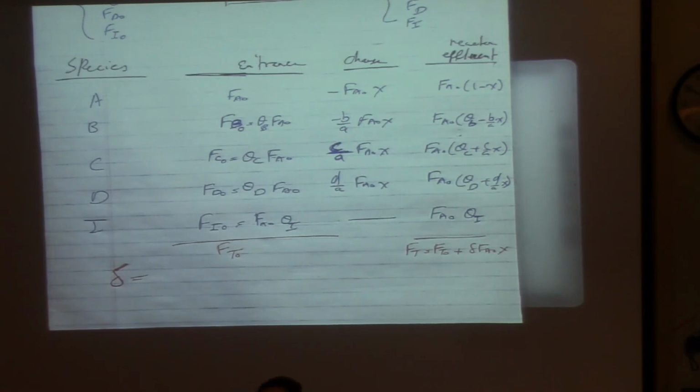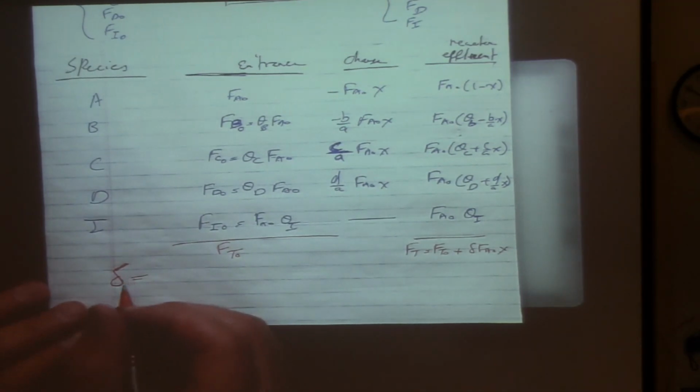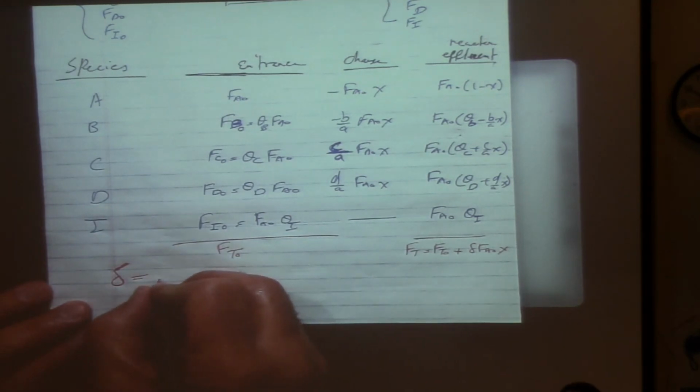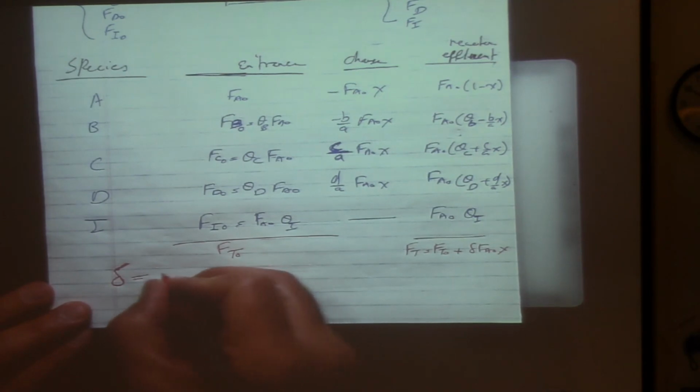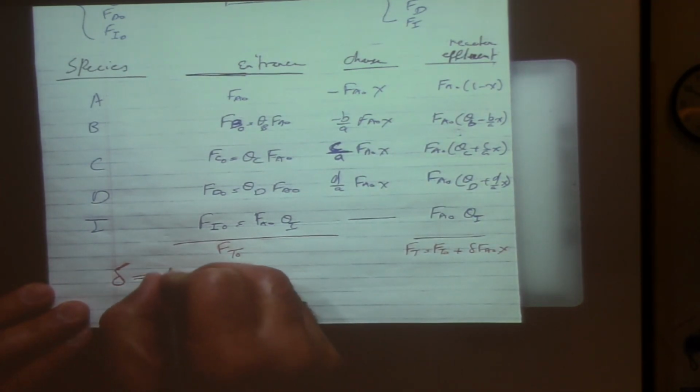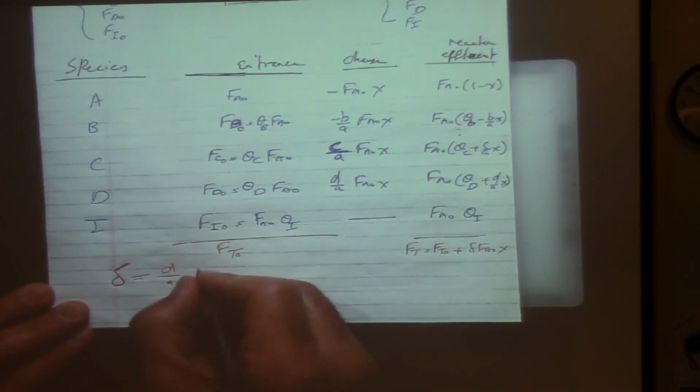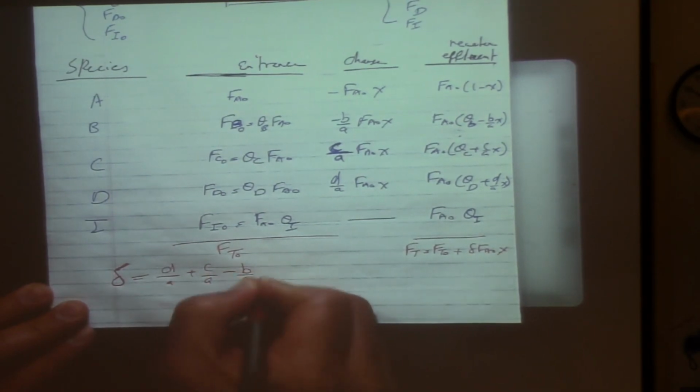Sure. Okay, so let me put this definition down. Delta, do you remember what the definition was? No? So it was D over A plus C over A minus B over A minus 1.